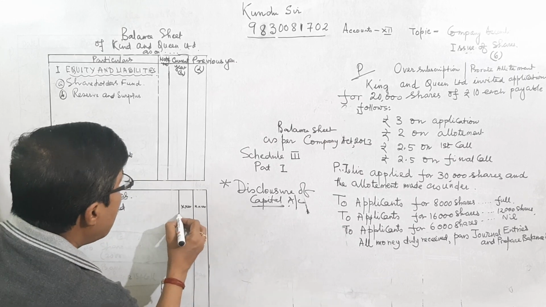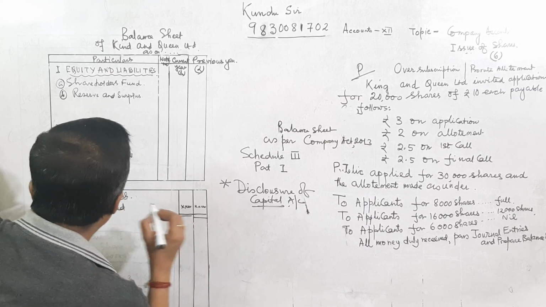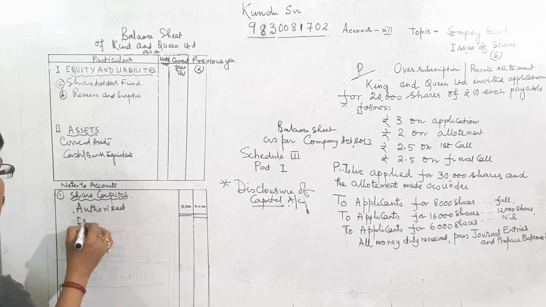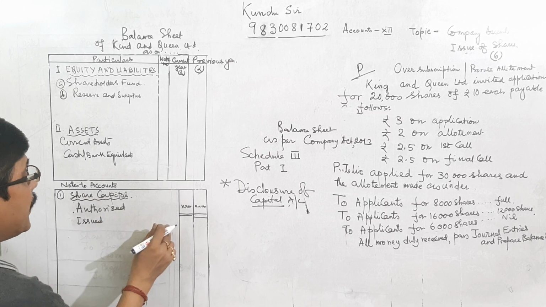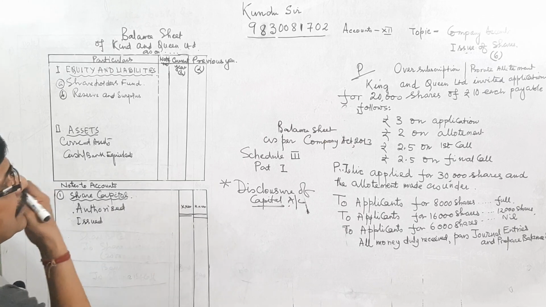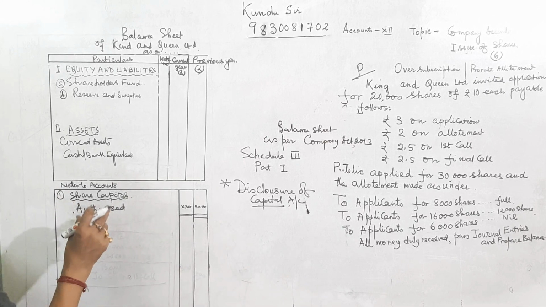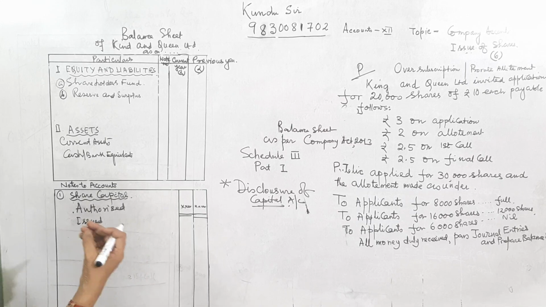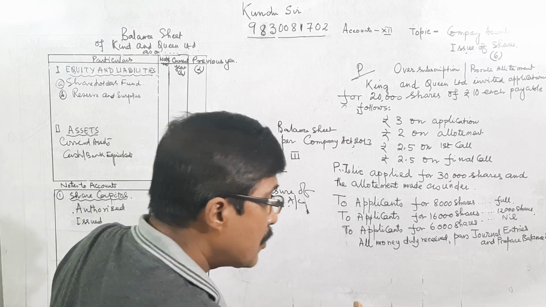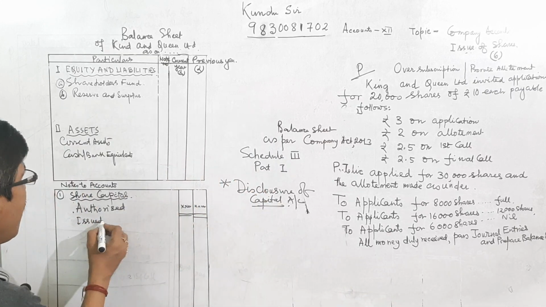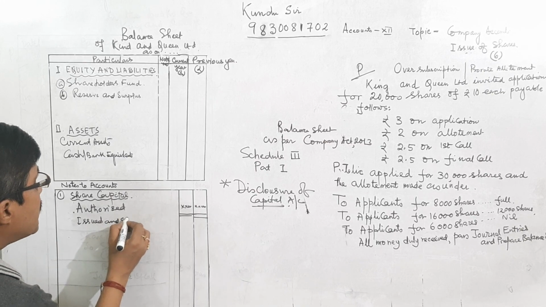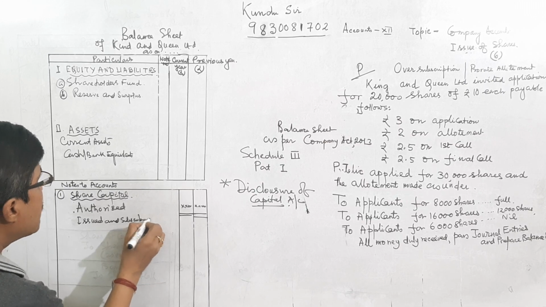Thereafter, issued and subscribed. There must be an issued figure, then subscribed, called up, paid up. But in this problem, the issued amount is 20,000 and subscribed also 20,000. So it is issued and subscribed.